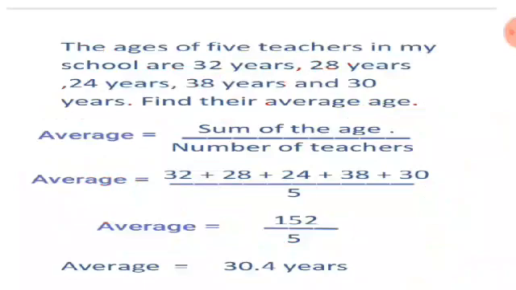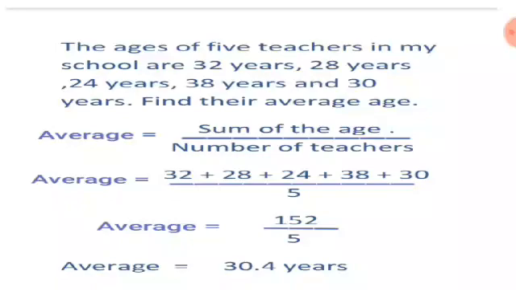Come to next one. The ages of 5 teachers in my school are 32 years, 28 years, 24 years, 38 years and 30 years. We have to find their average age. Now how we can find it?